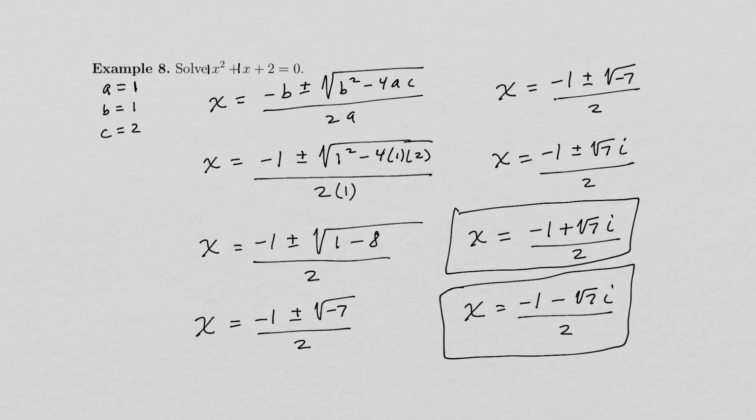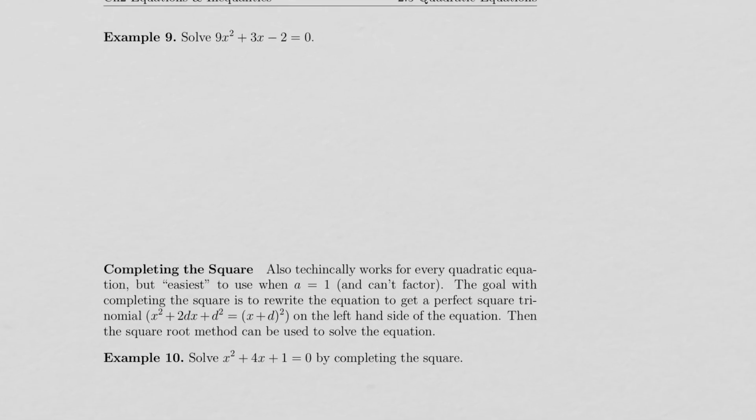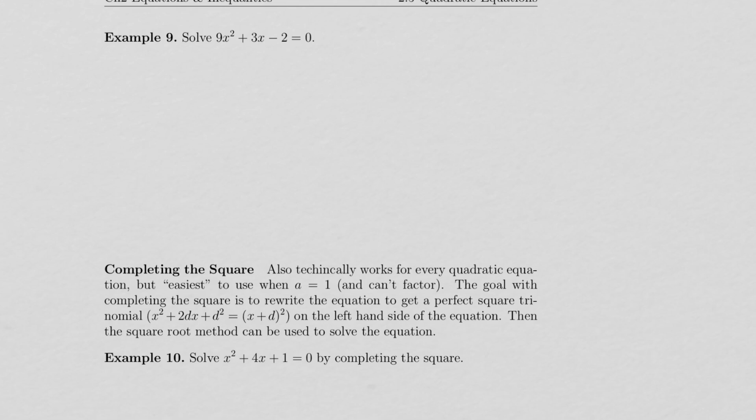Okay, here's another example using the quadratic formula. In this case, it's already set equal to 0, so that's fine. And then a is 9, b is 3, and c is negative 2. So in terms of the quadratic formula, I have x equals, I'll write it out again, minus b plus or minus the square root of b squared minus 4ac all over 2a.